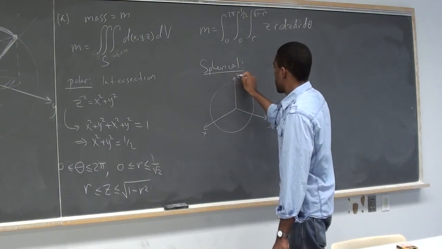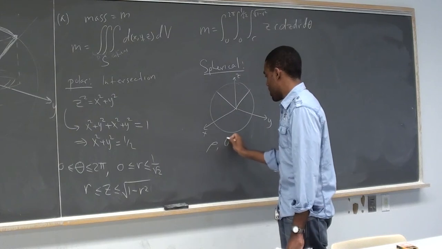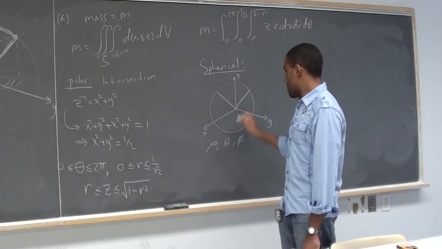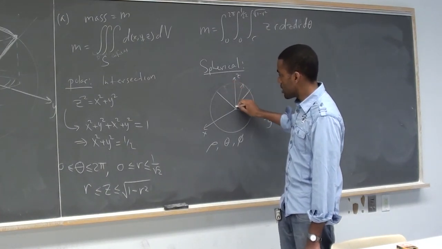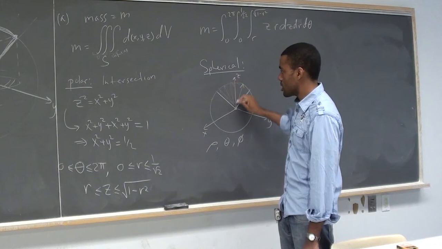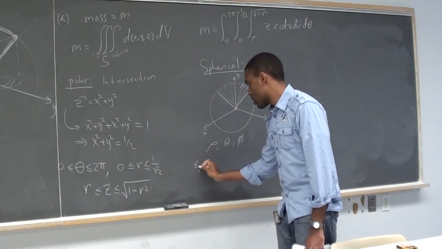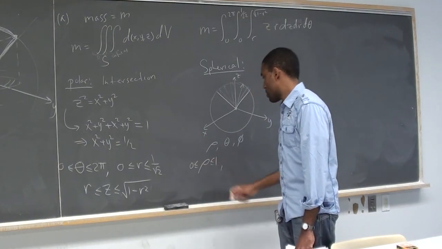Theta, rho, and phi. What is rho? Rho is the distance from the origin to the outer surface, right? So that's always going to be constant, because the outer surface is always a sphere, so it'll be 1. So your rho is just going from 0 to 1, 0 to the radius of the sphere.